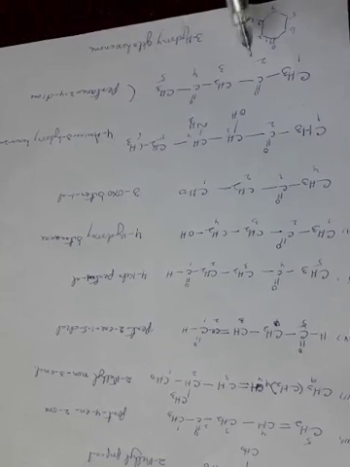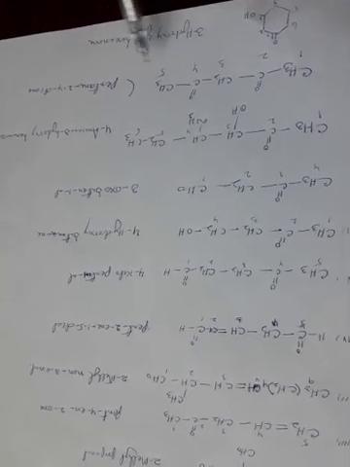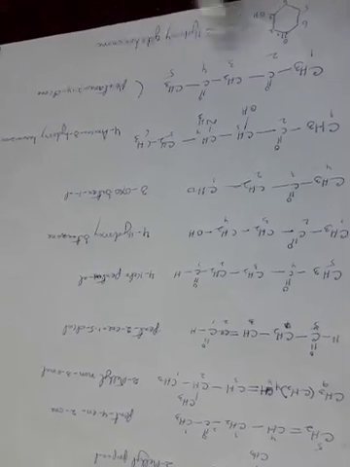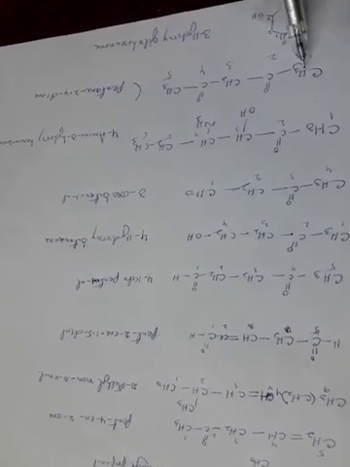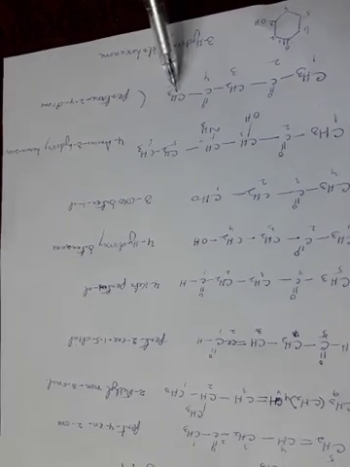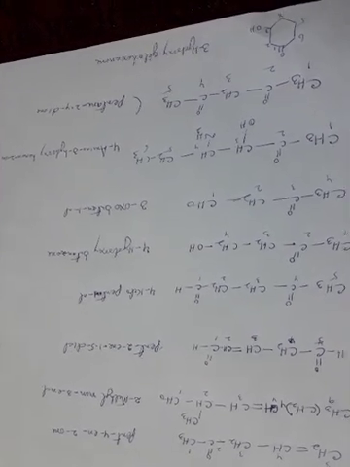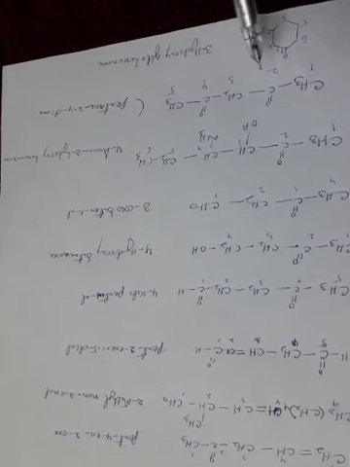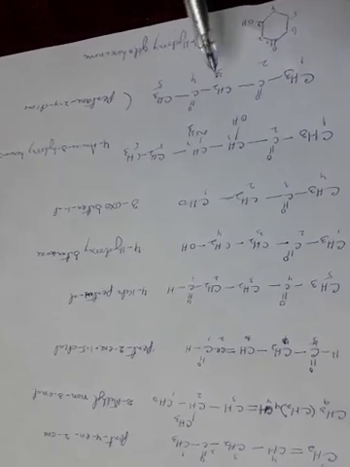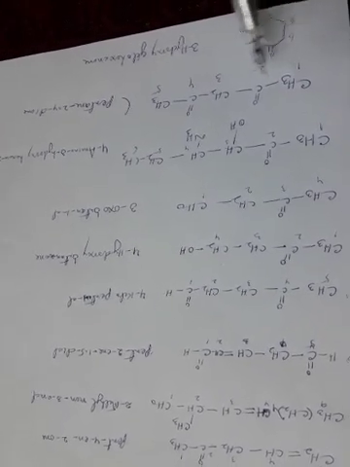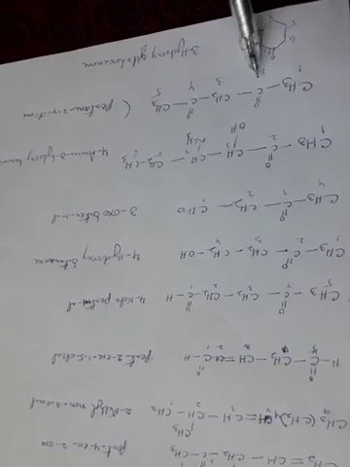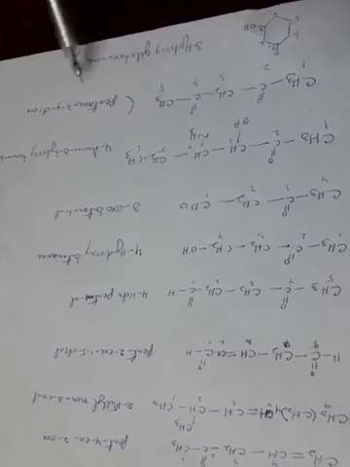Since we can number it from either side, it is immaterial here. So it is a diketo compound. So it is pentane-2,4-dione.